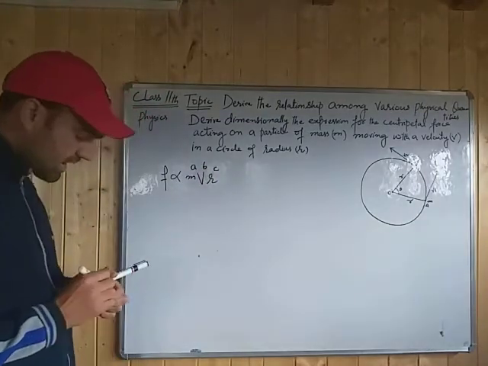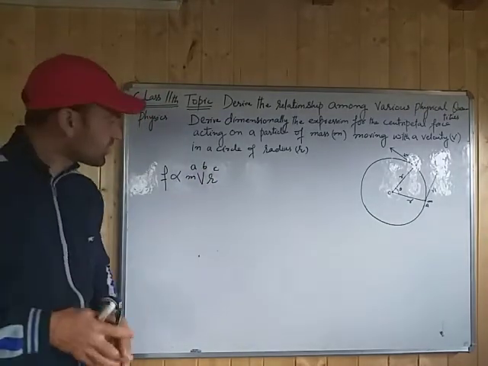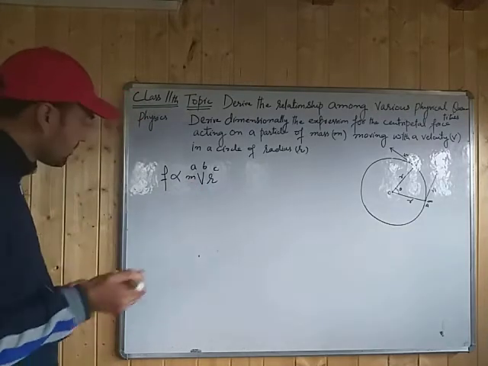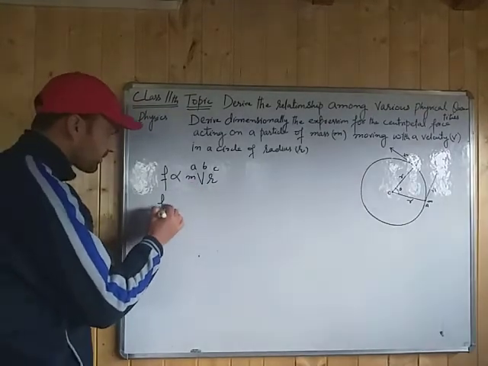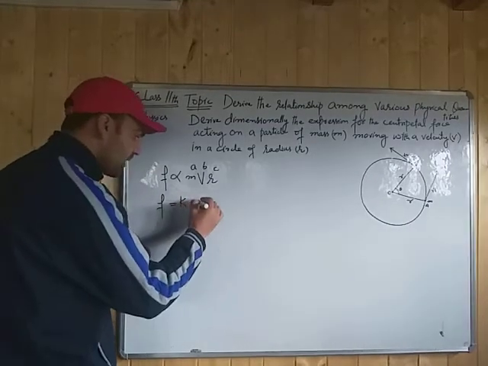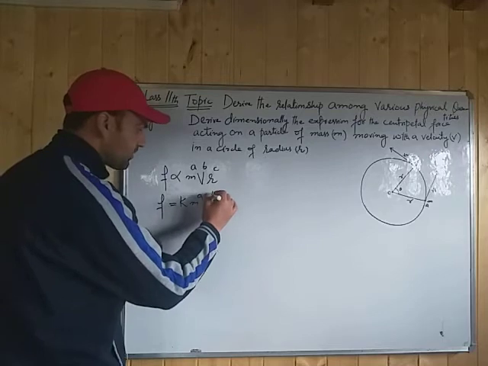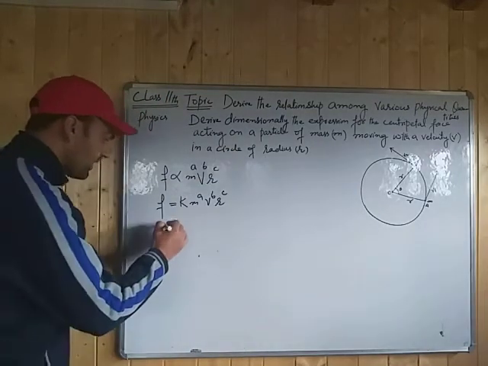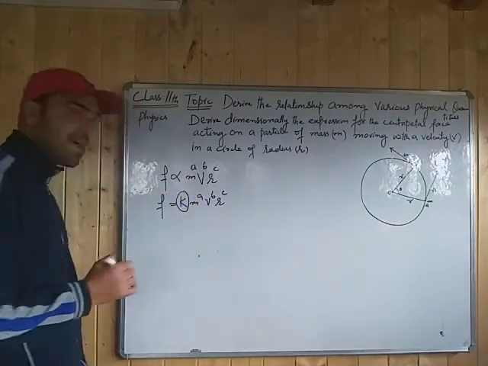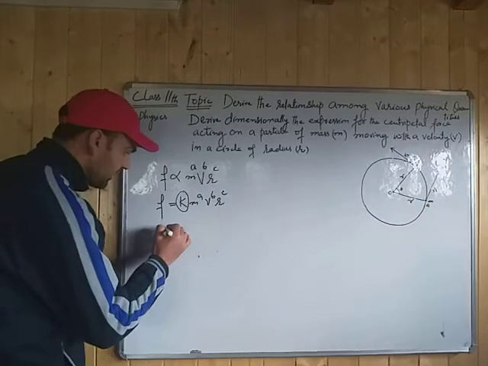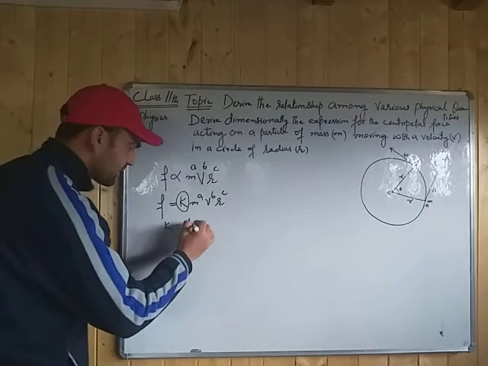Now A, B and C are the powers of mass, velocity and r. We can write F is equal to K, M raised to power A, V raised to power B, R raised to power C, where K is a dimensionless constant.